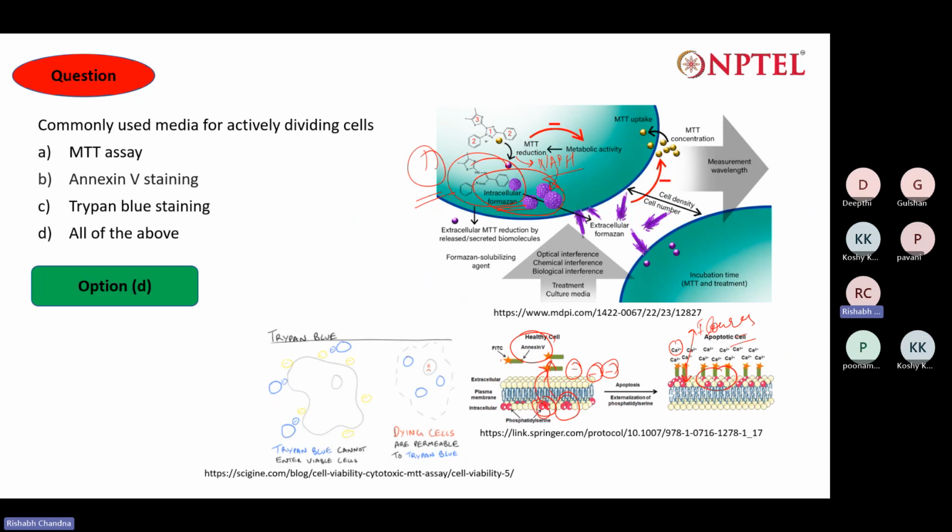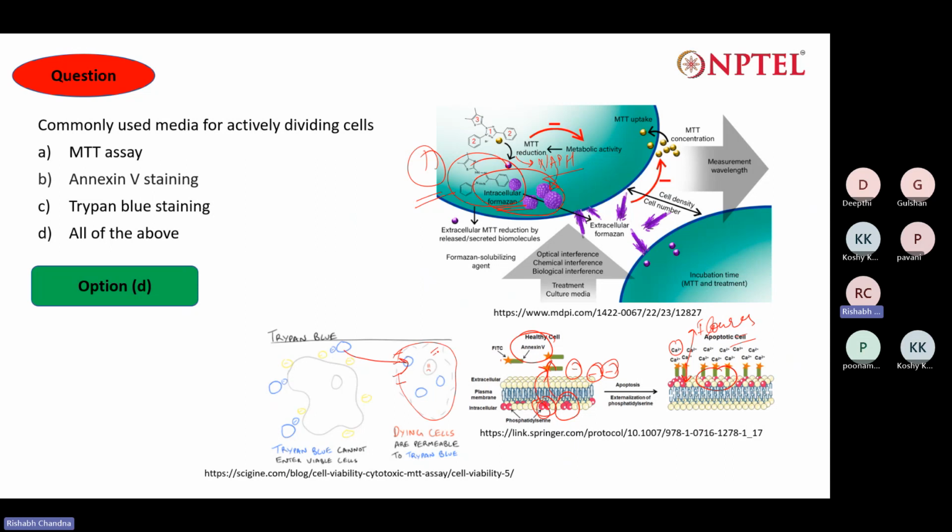Now, the last point is trypan blue. So what is trypan blue? Trypan blue is a dye that is negatively charged. Whenever the cell is breaking or undergoing apoptosis, there will be breakage in the cell membrane. The dye, as it is negatively charged, cannot go inside the cell passing through an intact cell membrane. So whenever there is membrane breakage, this dye will go inside the cell, and it will give us a blue cell.